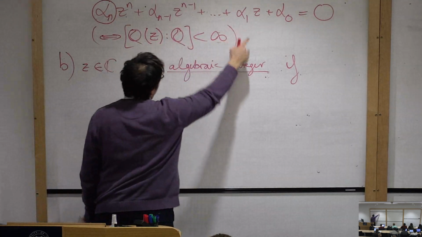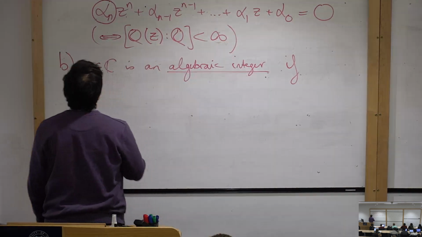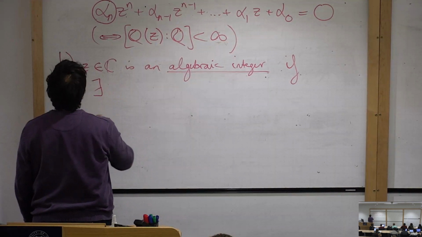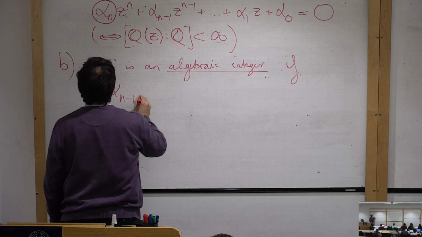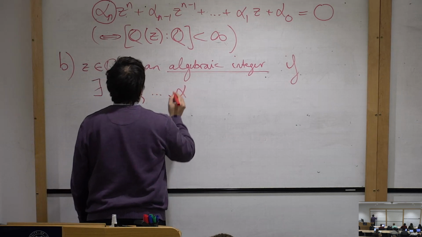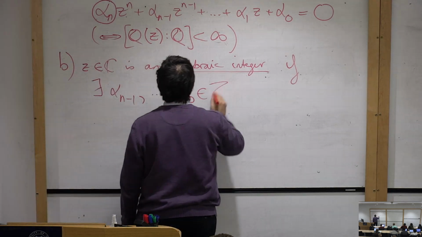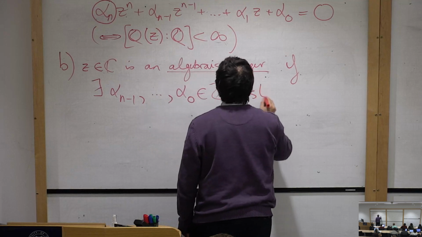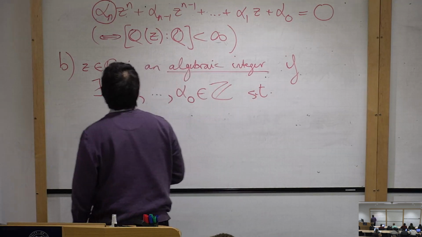And all the coefficients are, of course, integers. Okay, there exist alpha n minus 1, ..., alpha 0 in Z. I'm not going to write down alpha n.